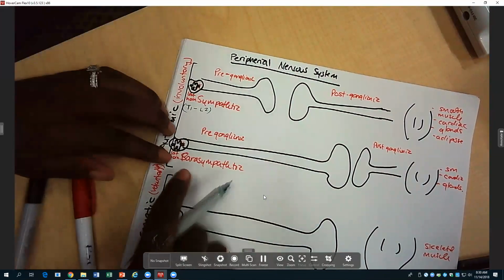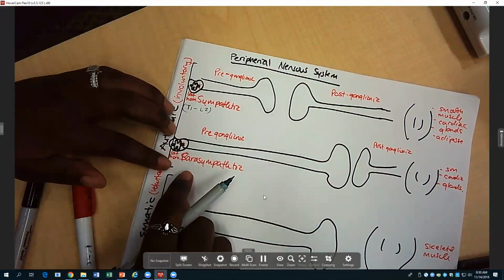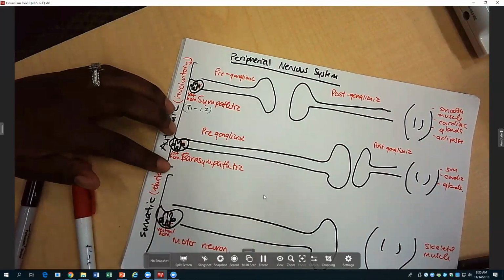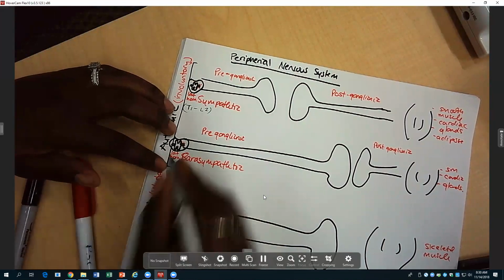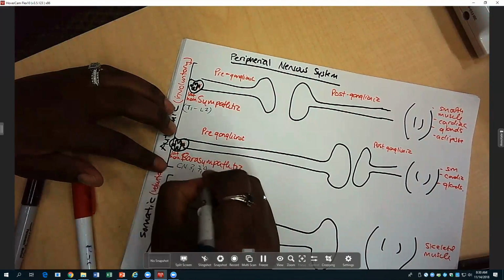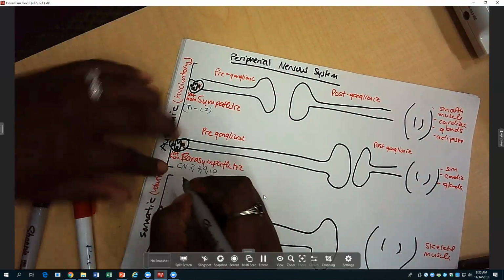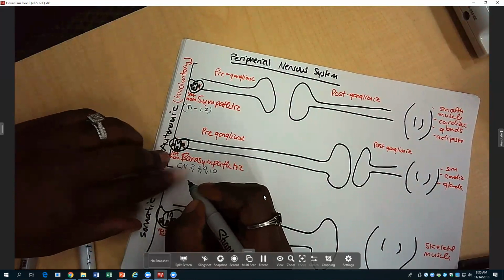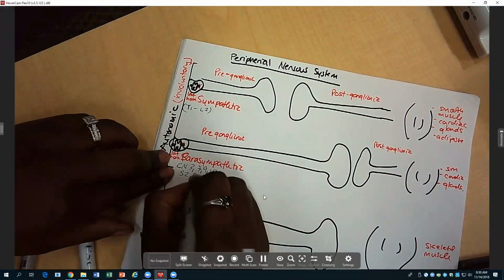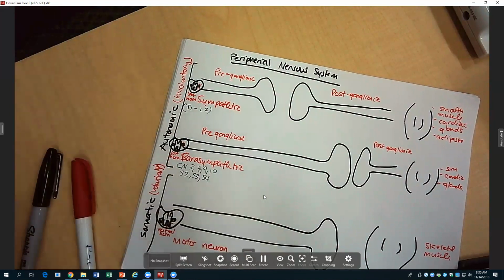What about the parasympathetic system? So we had some cranial nerves there. What cranial nerves? Cranial nerves 3, 7, 9, and 10. And we had pelvic nerves. What pelvic nerves? S2, S3, S4. Okay.